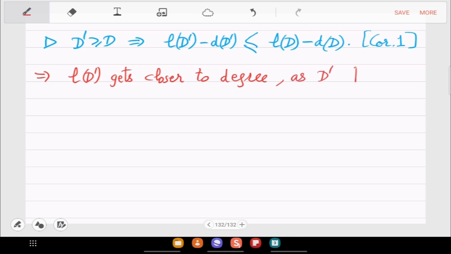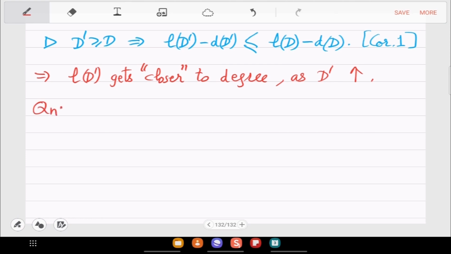So as D prime increases, LD prime gets closer to the degree, it's a better approximation. Or at least this is saying that it's not any worse. So working with bigger divisors will be helpful in the analysis. You can just understand it like this.